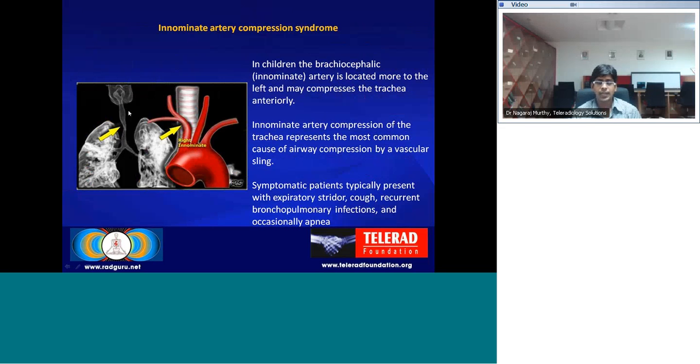This is the MPR showing indentation on the trachea. This is one of the most common causes of airway compression by vascular structures. Usually presents with expiratory stridor, cough, recurrent infections, and occasionally apnea.